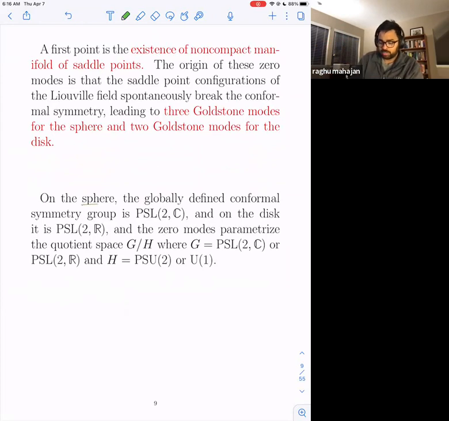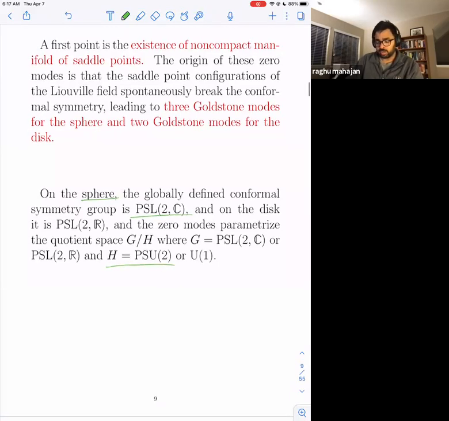For example, on the sphere, the symmetry group is PSL2C, but actually a compact subgroup, PSU2, leaves the saddle point invariant. So the Goldstone manifold, like in the usual symmetry breaking, is G mod H. On the sphere, it would be PSL2C mod PSU2.